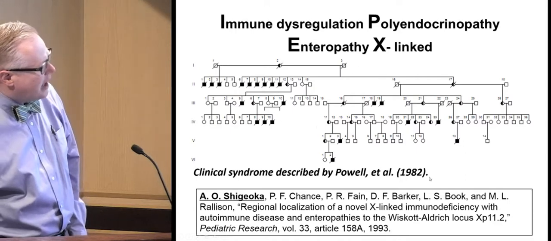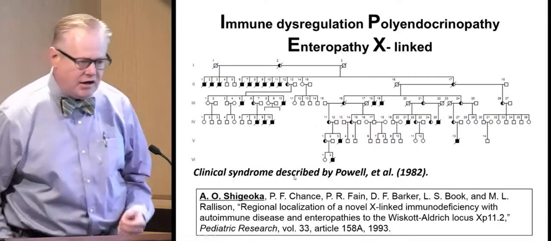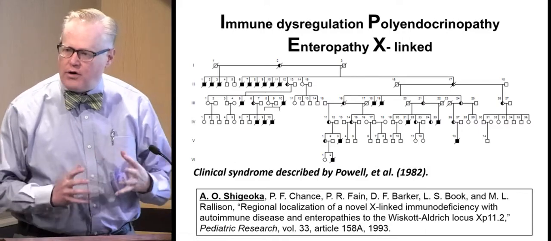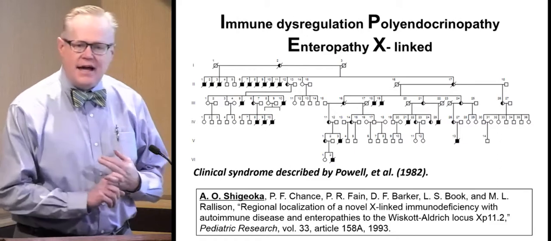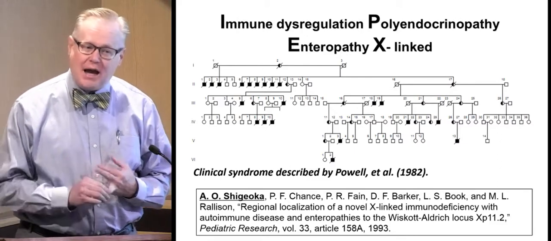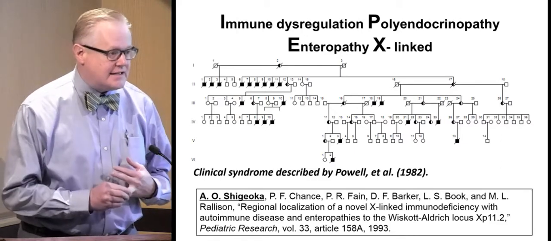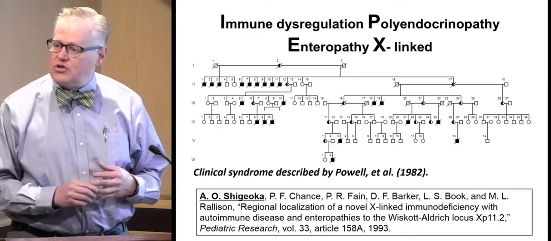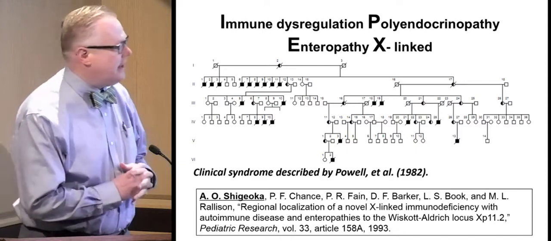These patients were described in this report as having early onset enteropathy, so early onset watery diarrhea, early onset endocrinopathies, so type 1 diabetes and thyroiditis, and early onset dermatitis, usually eczema or sometimes other things.